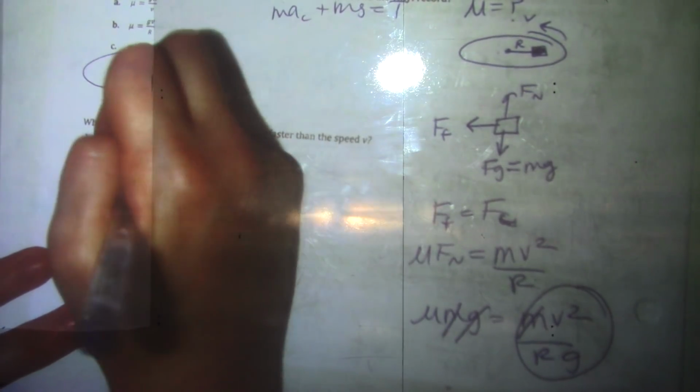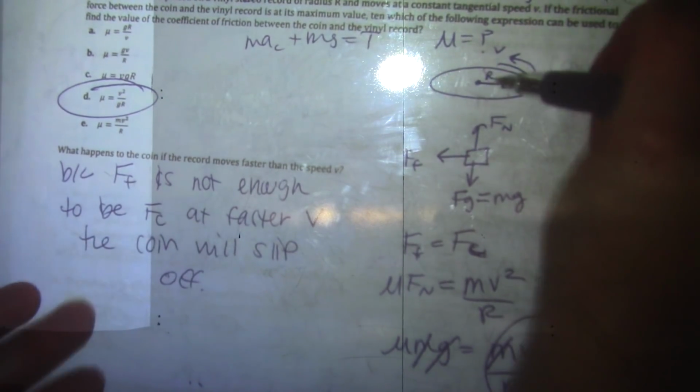Because the force of friction is not enough to be the centripetal force at a faster speed, the coin will slip off. The friction force will not be enough to keep it going in a circle if you go too fast, so then what will happen is it just slides off. It won't continue in a circle.